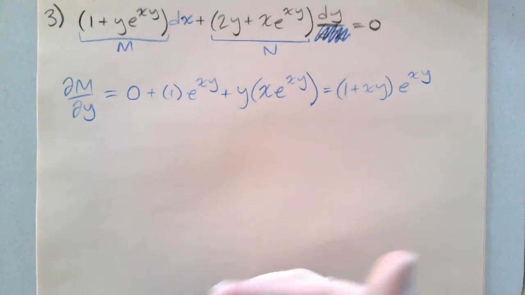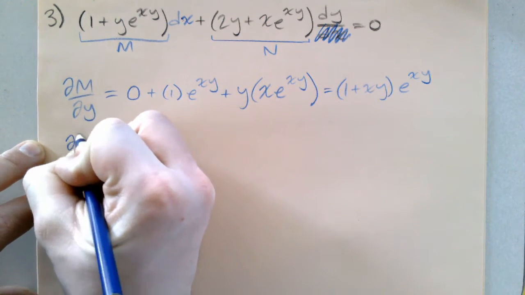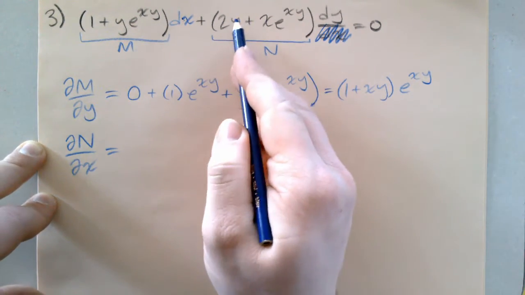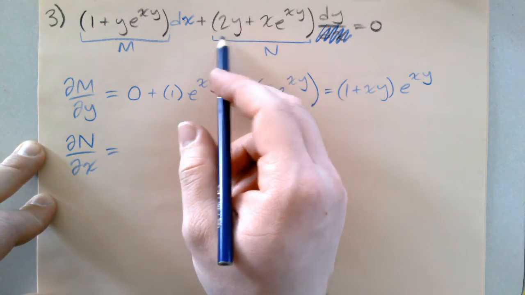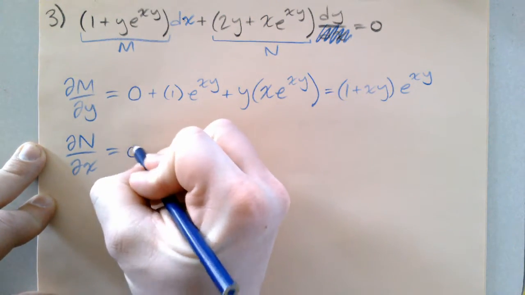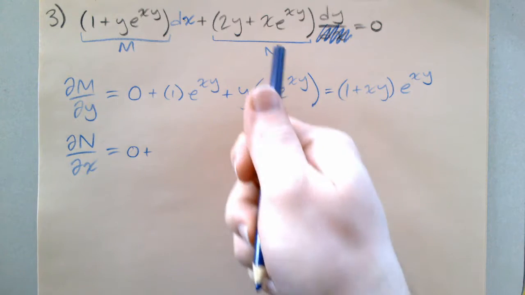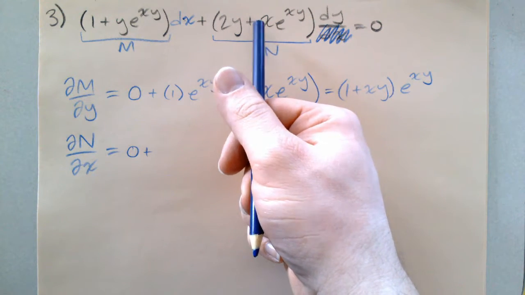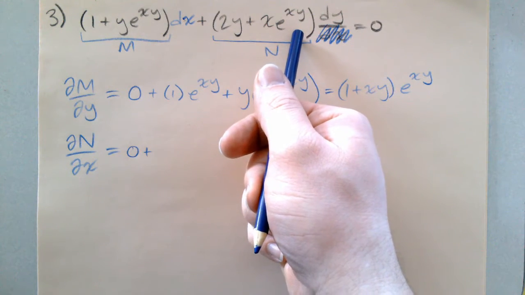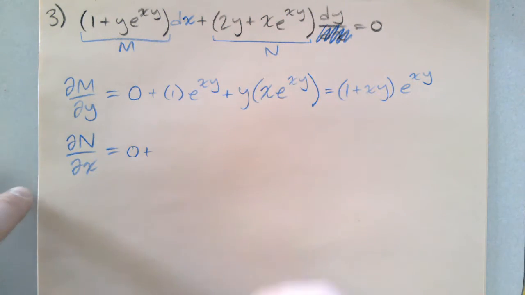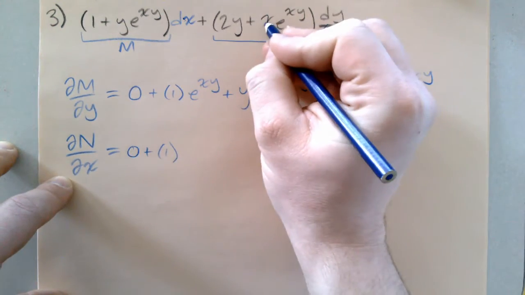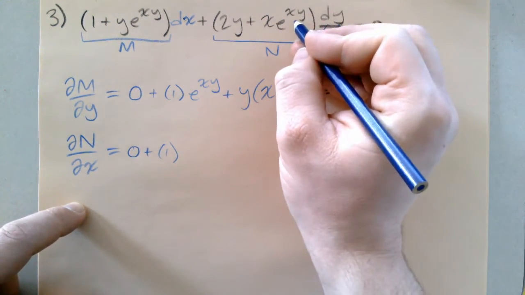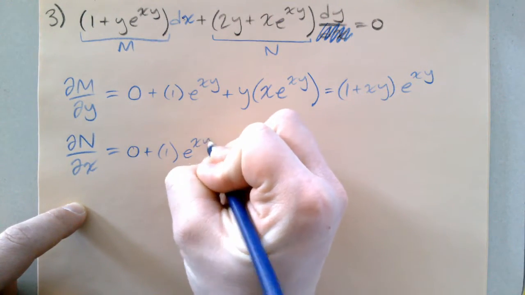So on to the other thing we have to calculate. We have our partial N with respect to x. So once again, we have a function that's just y this time, so that will just be a 0. And we have another function where now, since we're differentiating with respect to x, we have two functions multiplied by each other, so we have to use the product rule again. So we'll just again say that first is 1 when we differentiate, and then the second term we'll leave alone.